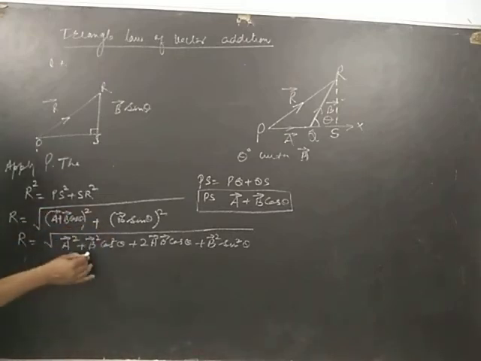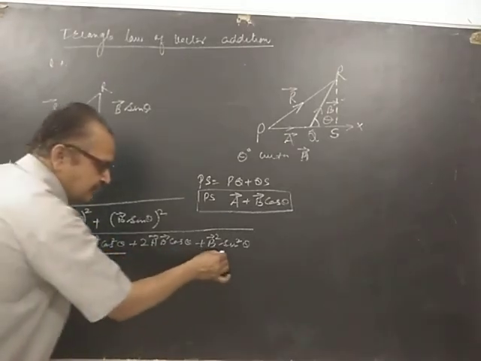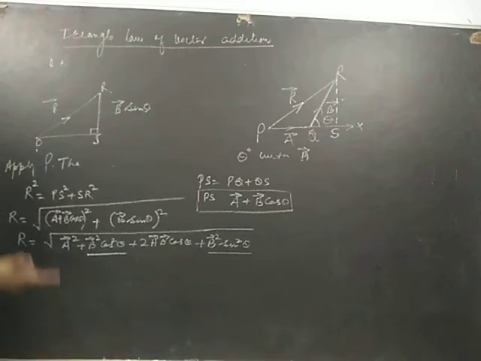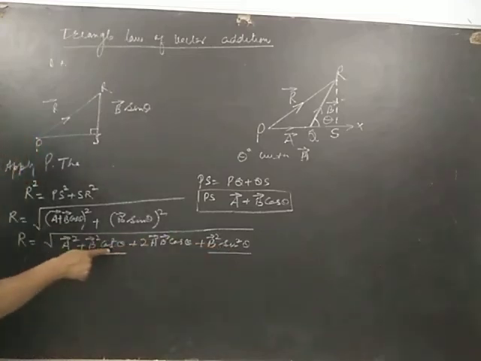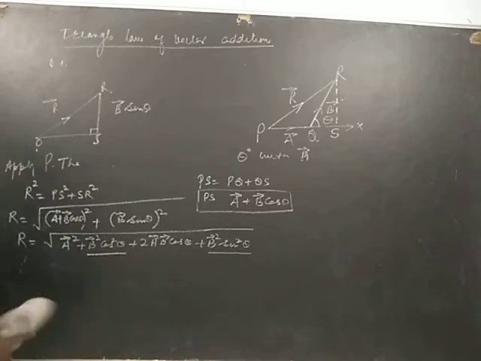You open this. Now out of this and this, I can take B square as common. And what will be left inside? Sine square theta plus cos square theta. So let me write up.